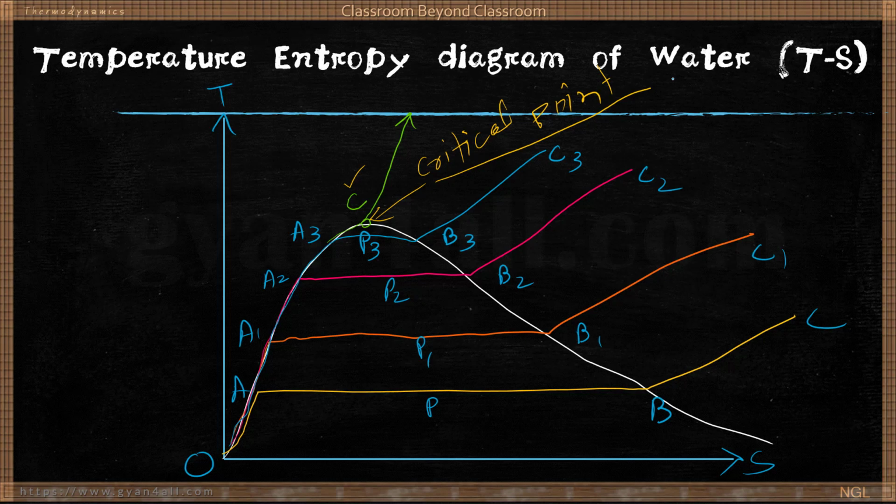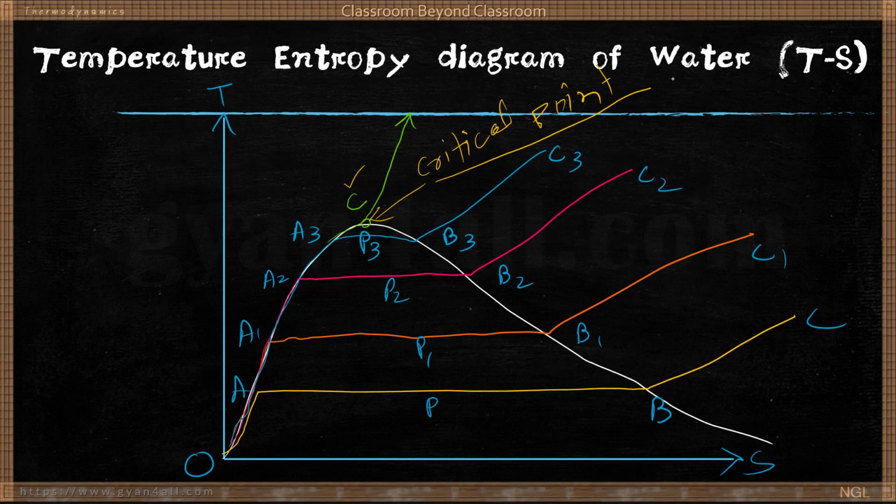Then what is the characteristic of the critical point? The liquid is directly converted to superheated steam. There is no liquid-vapor mixture. It remains liquid, liquid, liquid, and instantaneously it becomes superheated steam. That is the characteristic of the critical point.